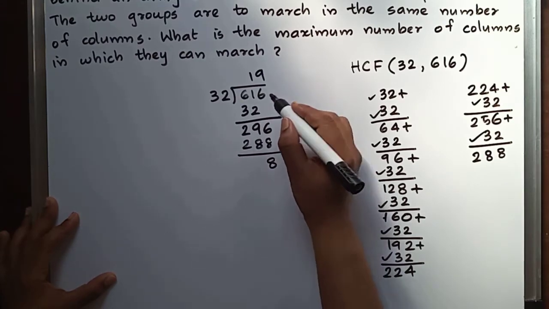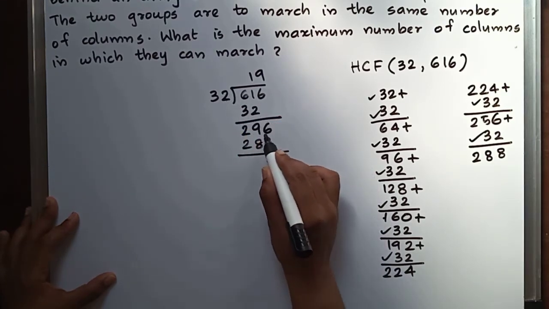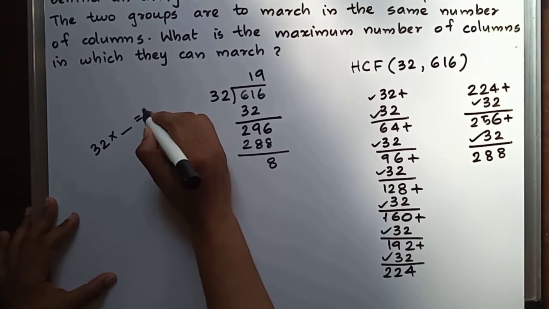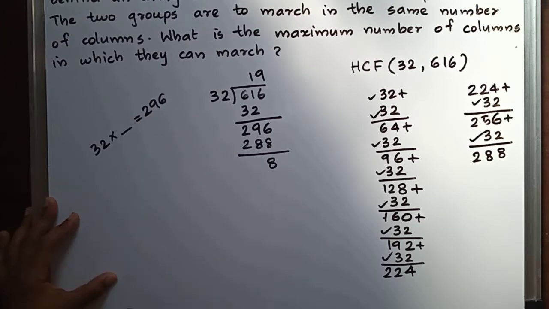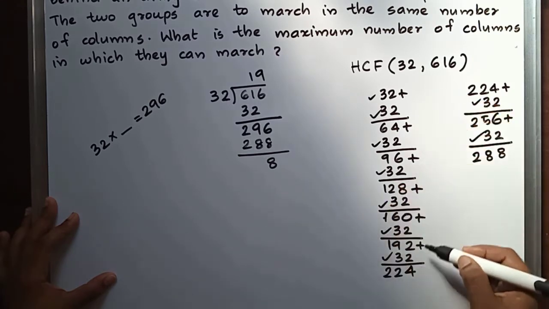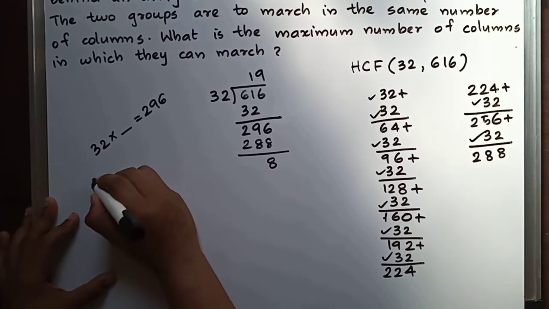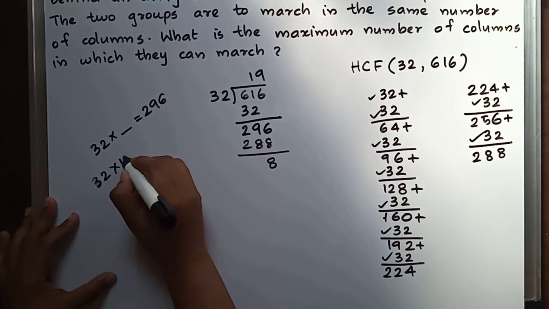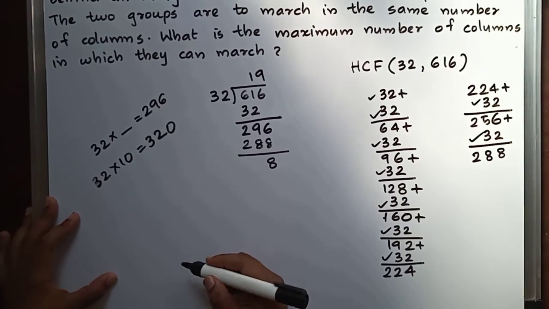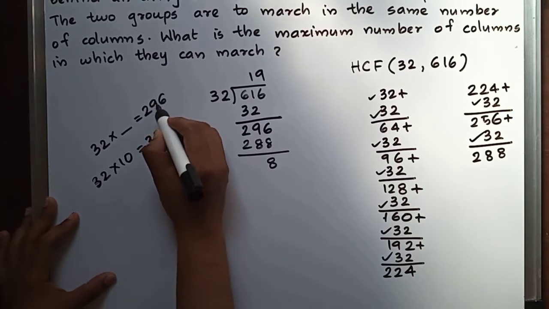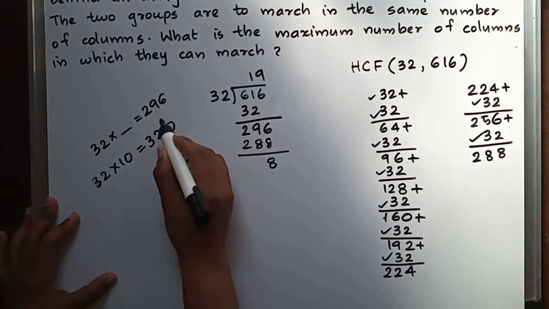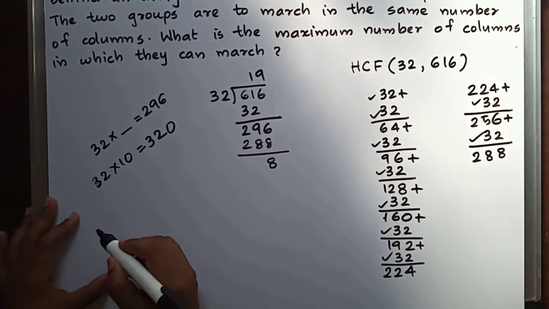Now one more thing is there. 32 and 296. 32 into something should go near 296. How did we get this 9 here? By adding it continuously, or we can adopt another method. 32 into 10 is 320, right? 296 is just below 320.